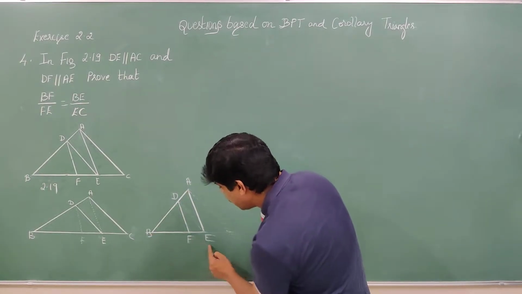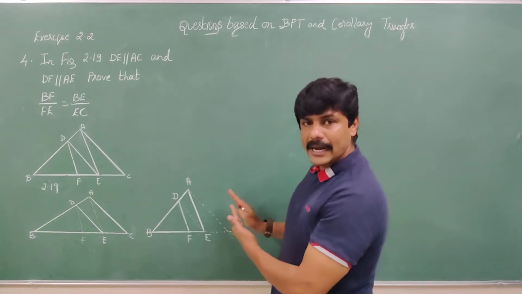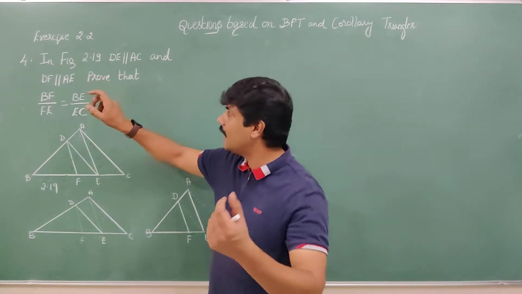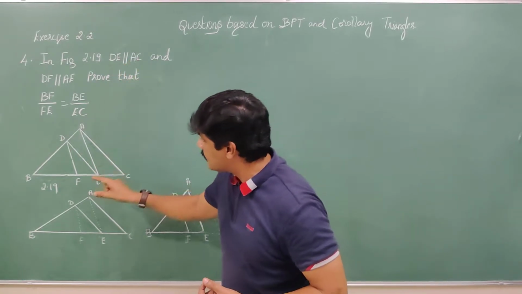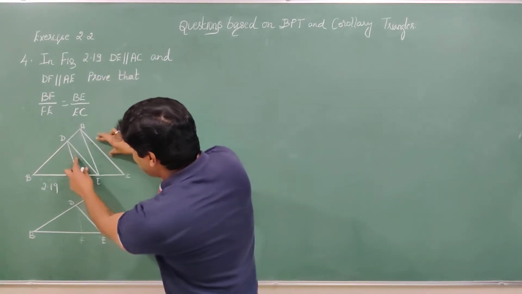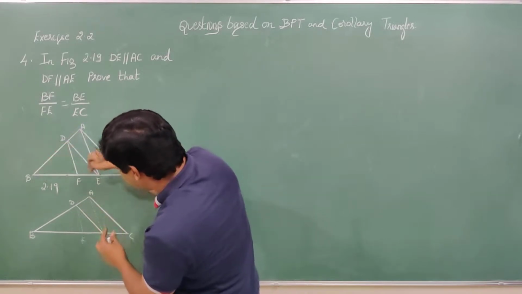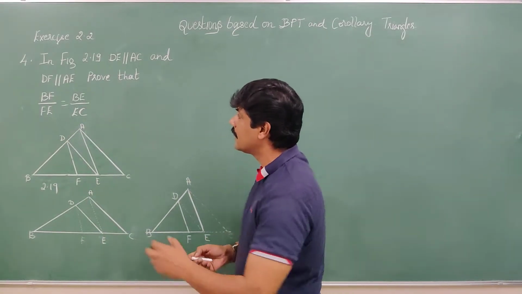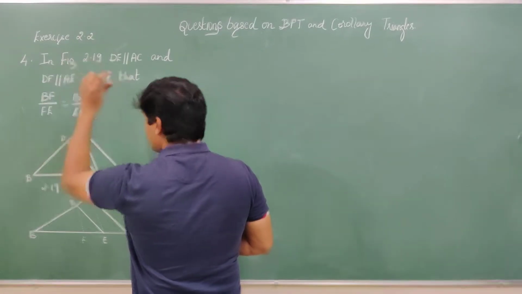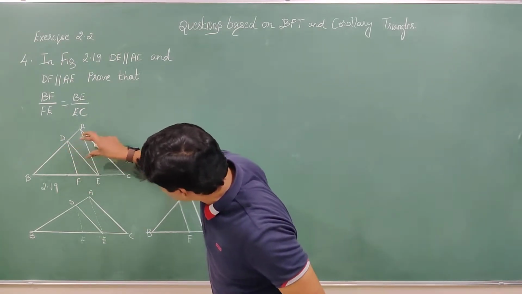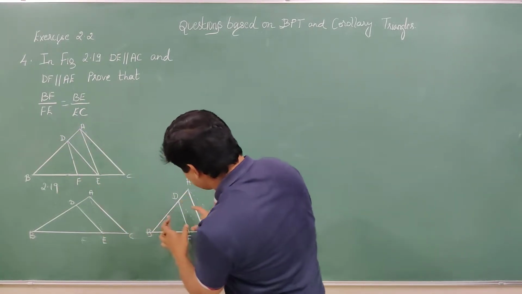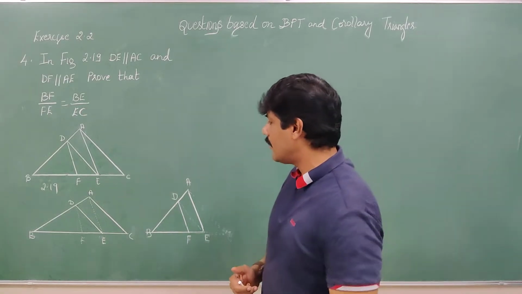So triangle ABE is taken separately. Once again, DE is parallel to AC in triangle ABC, and DF is parallel to AE in triangle ABE, taken separately so that you can understand very easily.